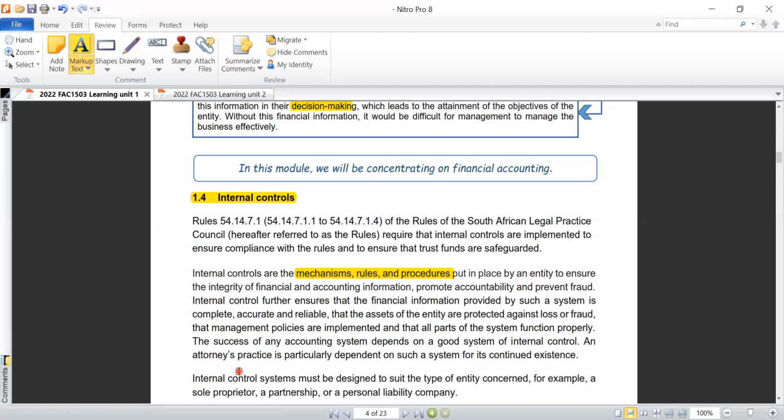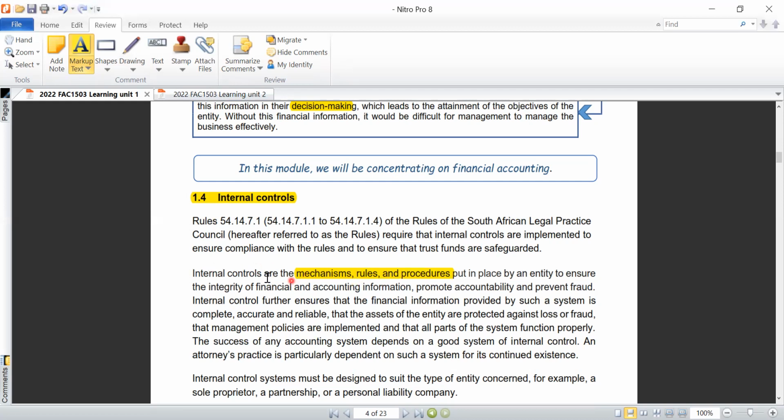You need to have certain mechanisms, rules and procedures in place so that whatever you do as a business is directed to the achievement of your objectives as a business.